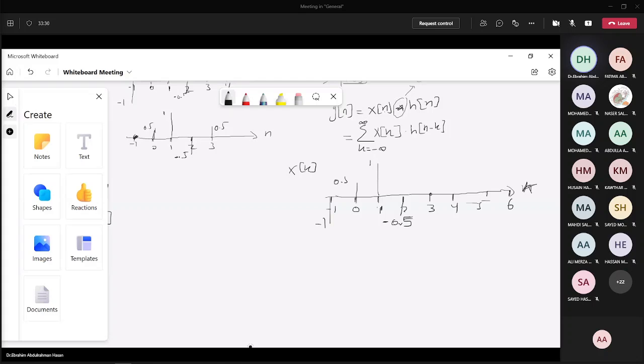So let's do flip and shift. I have it like this. So this is k. I am drawing to scale just so it is clear. This is 1, this is 2, this is 3, this is 4, and so on.